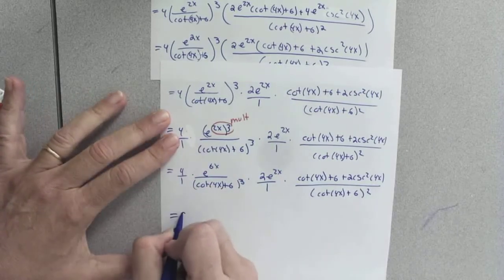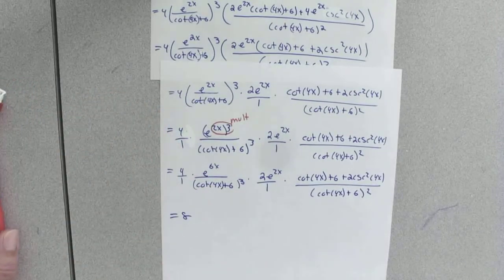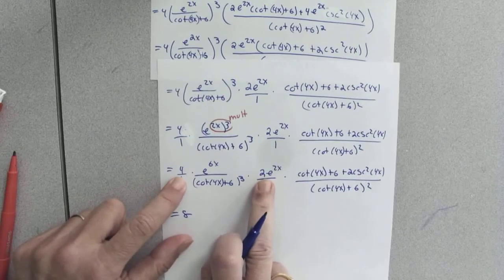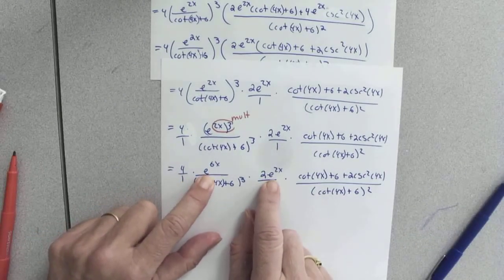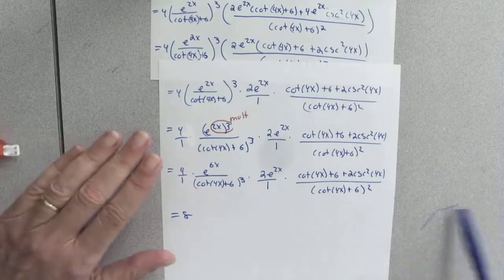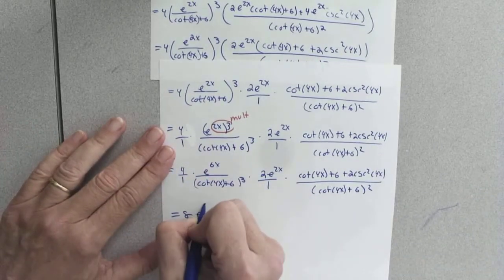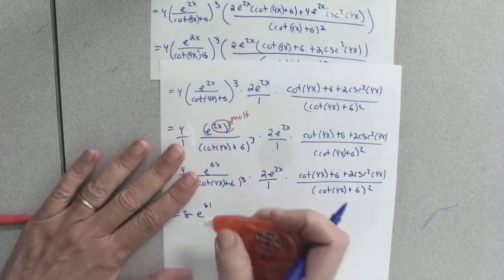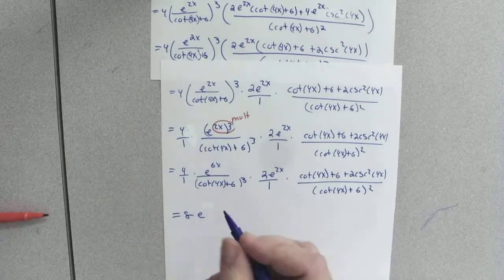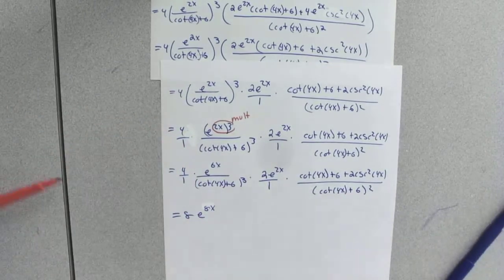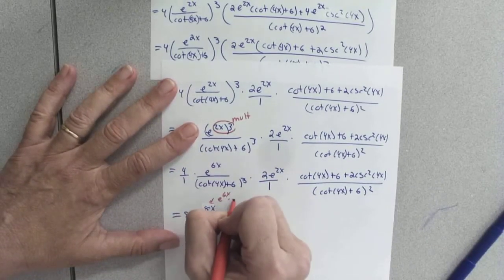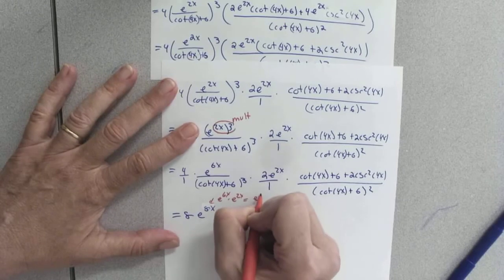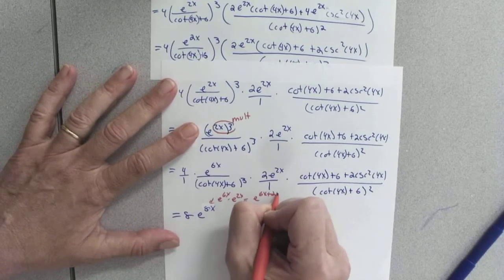4 times 2 for 8. Right? 4 times 2, 8. e to the 6x times e to the 2x would be e to the 8x. And so where that came from, e to the 6x times e to the 2x is e to the 6x plus 2x.